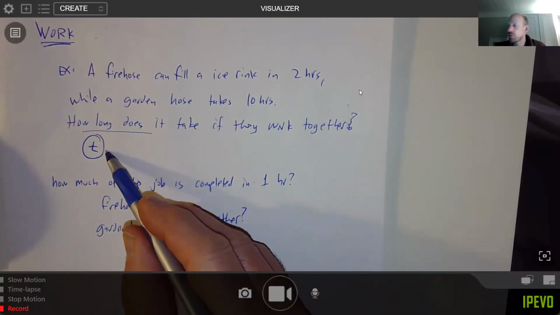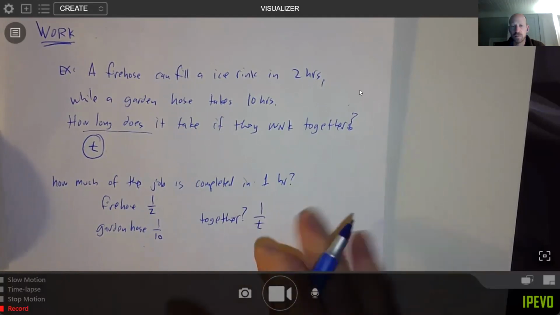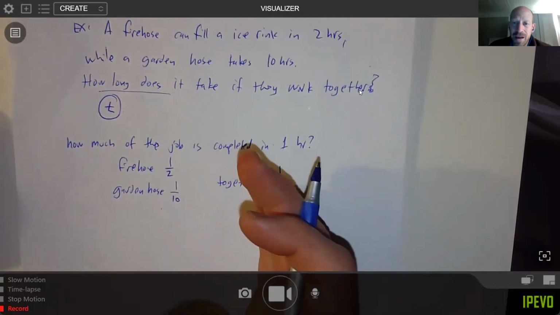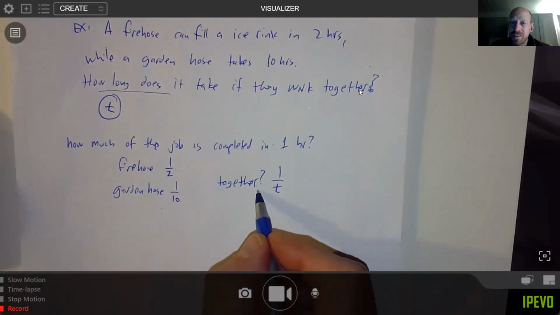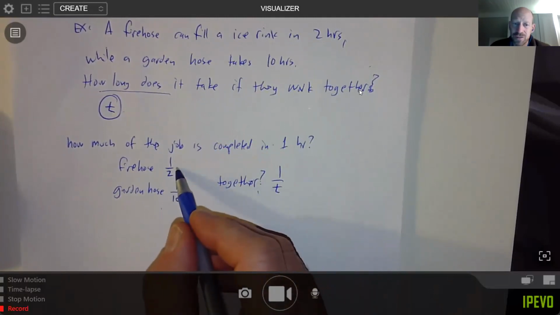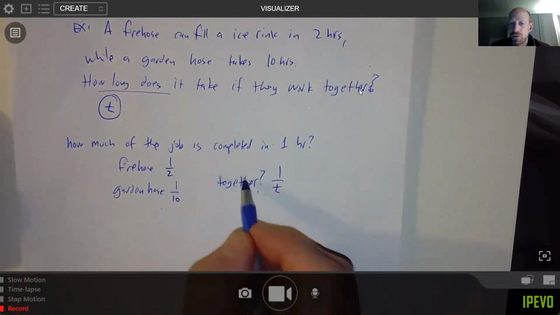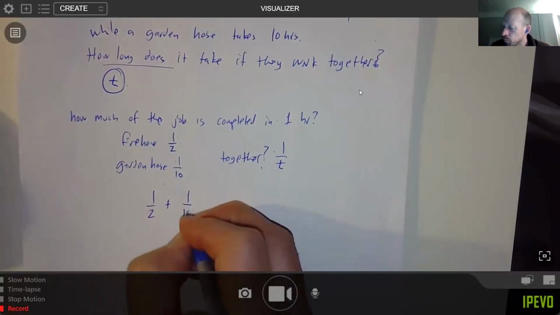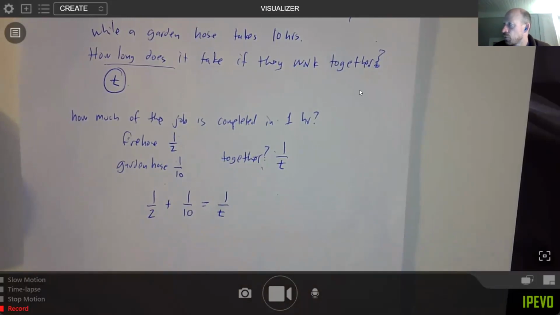If they work together, the total amount of time is T, so the amount they get done in 1 hour is 1 over T. And when you're looking at the amount they get done together in an hour, that's exactly the amount the fire hose gets done plus the amount the garden hose gets done. So you can set up an equation here: 1 over 2 plus 1/10 is going to equal 1 over T.